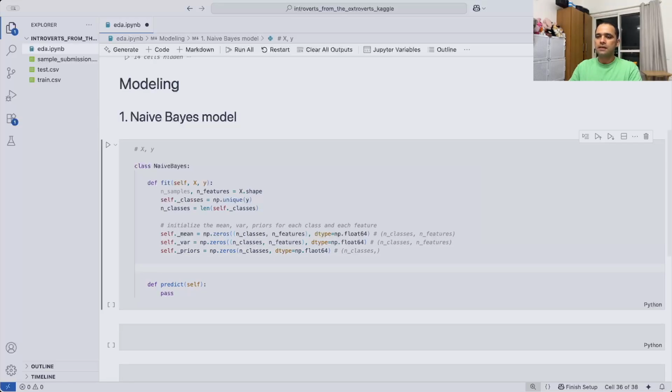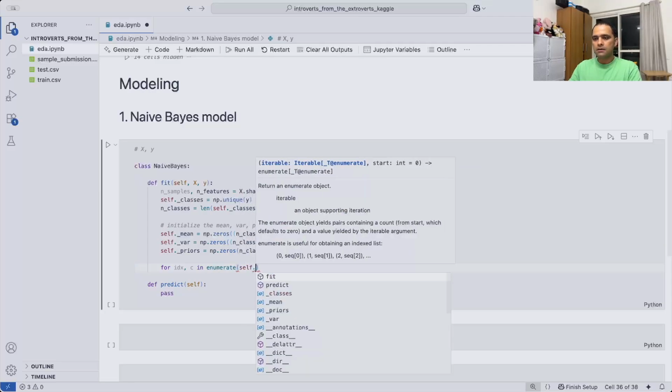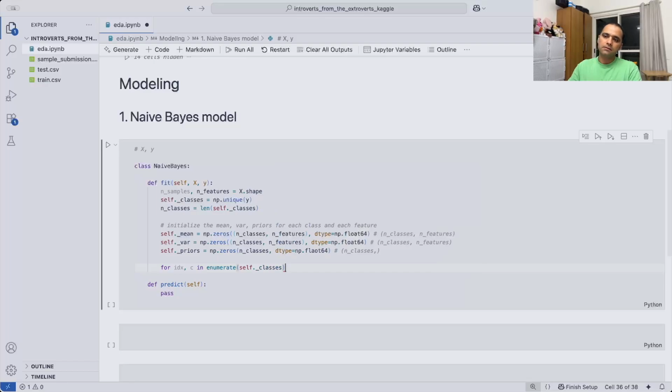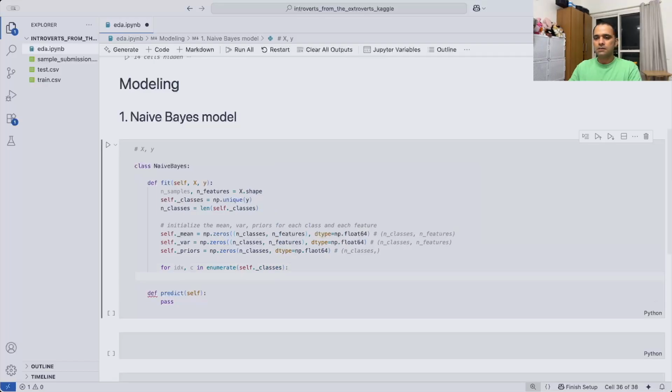Now let's assign values to these attributes for idx and class c. Let's go over classes. We'll enumerate on all these classes. For each particular class, we'll first have to filter index into the data where y equals c.